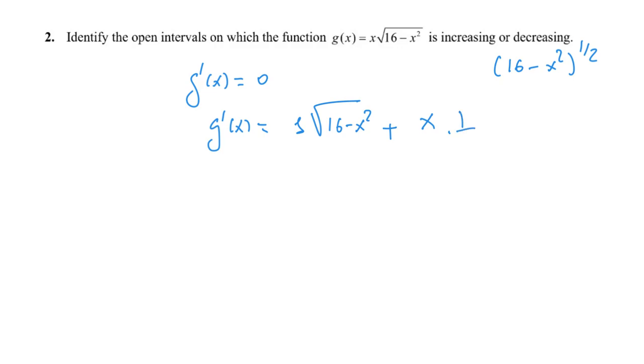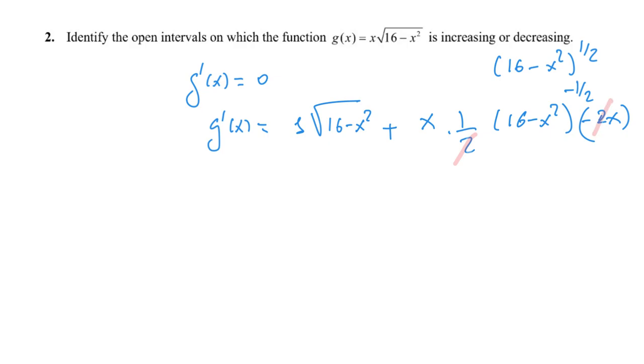So the derivative of the second is 1/2, 60 minus x squared raised to the power 1/2 minus 1, which is minus 1/2, times the derivative of 60 minus x squared, which is minus 2x. And these two cancel with the other two. These two cancel, these two cancel.